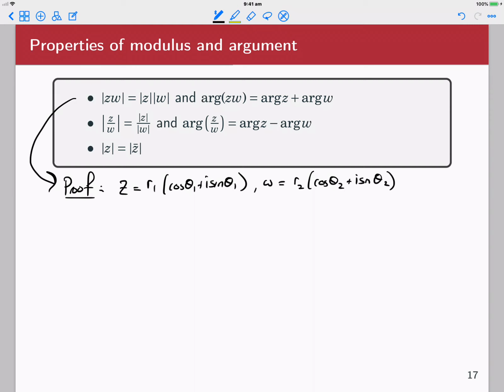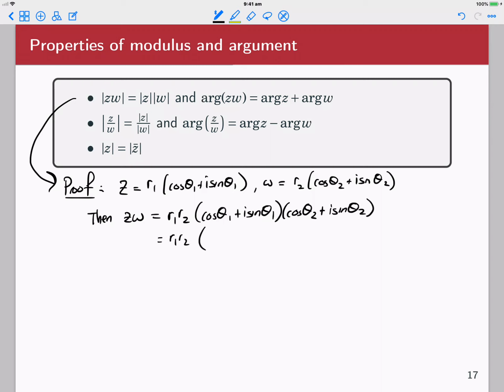Okay. Have a look and see what happens when we multiply these two complex numbers. So when you multiply Z and W, obviously you get R1 R2, and then you get the product of these two brackets. Now if you expand these brackets, you're going to get cos theta 1 cos theta 2.